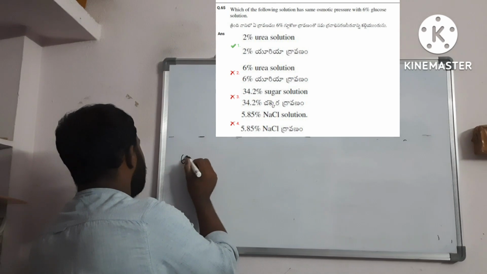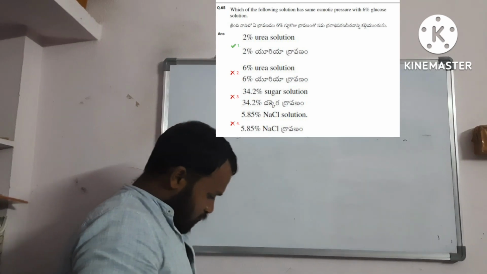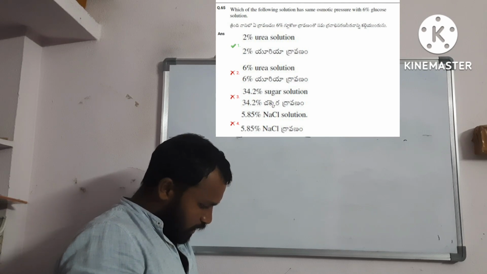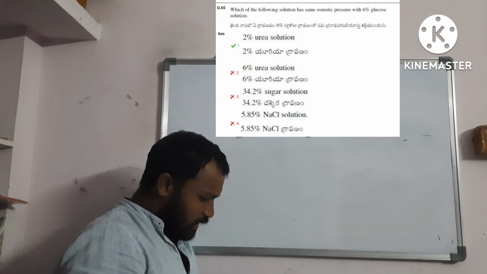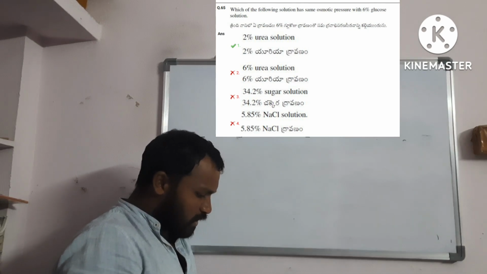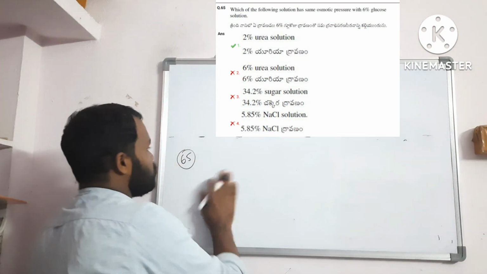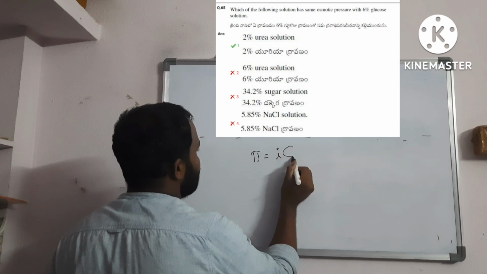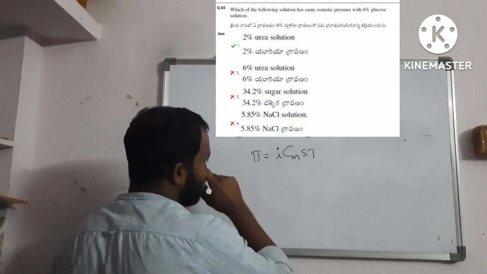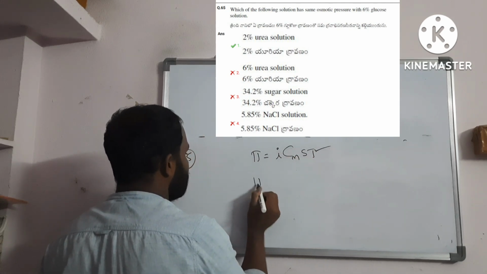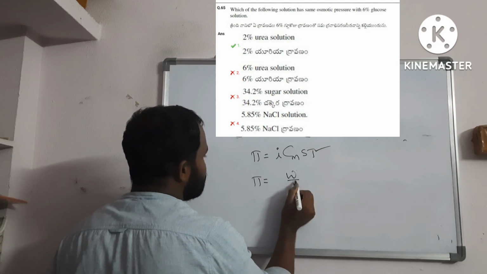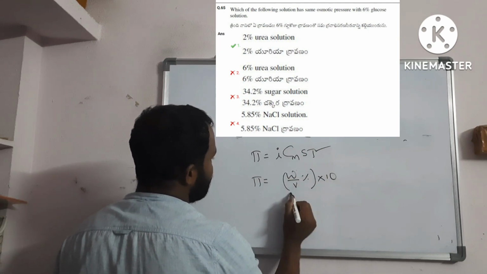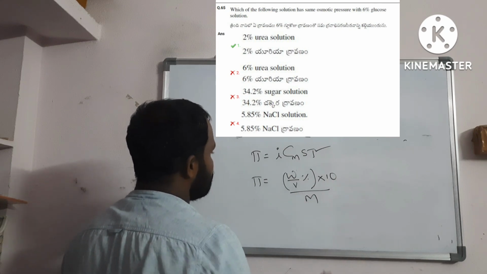Next, question number 65. This is very important from colligative properties. Which one of the following solutions has the same osmotic pressure as 6% glucose solution? Generally for osmotic pressure, pi is equal to i into CmSt. This is a formula we can use, and we can also use pi is equal to W by V percent into 10 divided by molar mass, that is Mb.